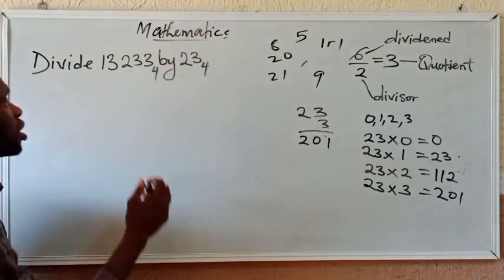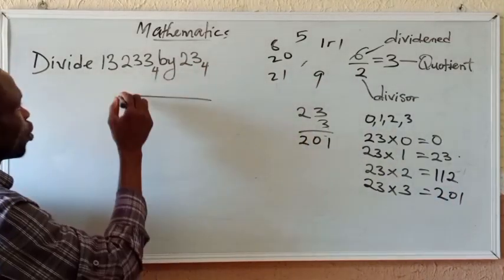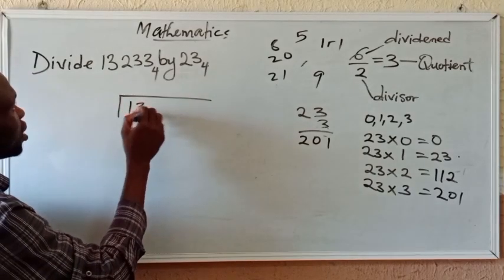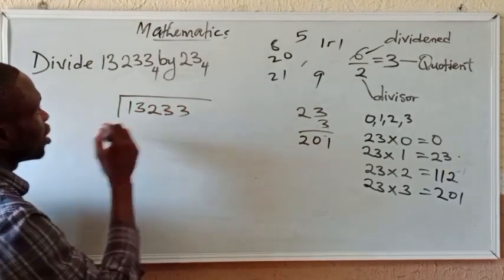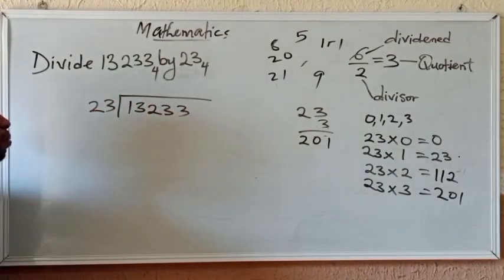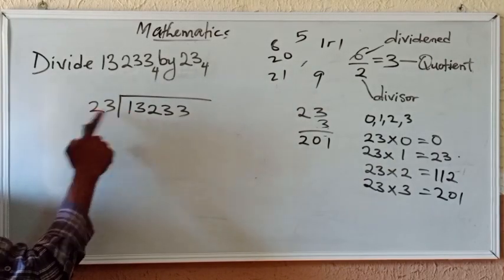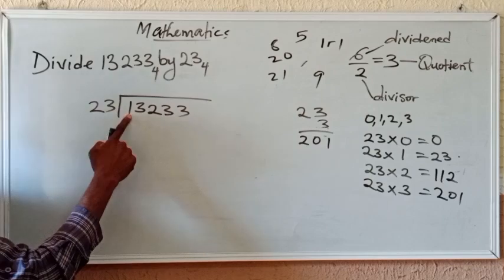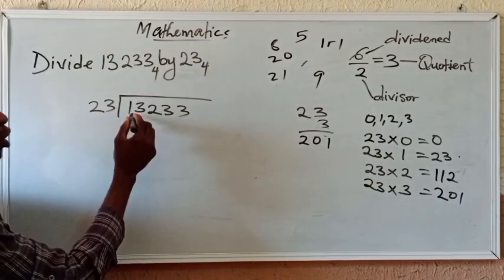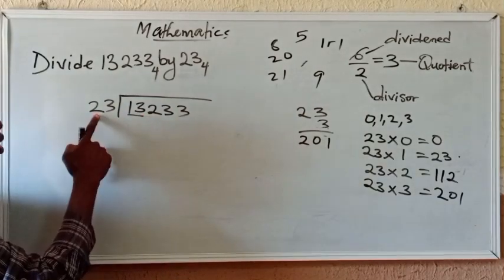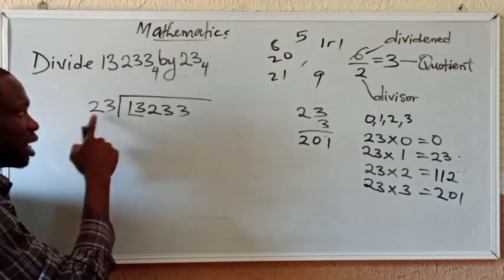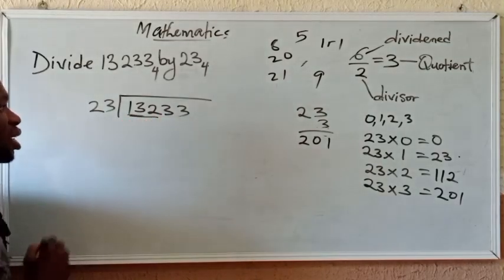Now let's go back to setting our solution. So we have this as this: 1, 3, 2, 3, 3 divided by 2, 3. To begin with, if we pick just the first value, it's not possible because it is lesser than this. If we pick 2 digits, it still will not go because the number is still lesser. So we have to go with 3 digits.